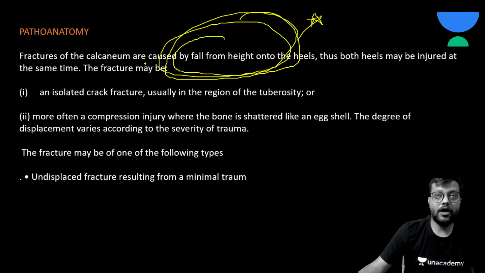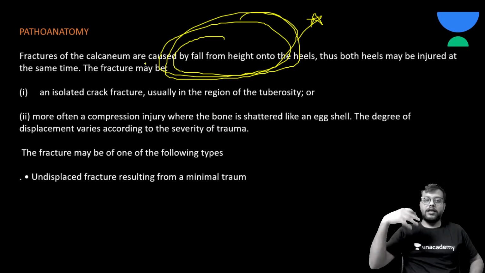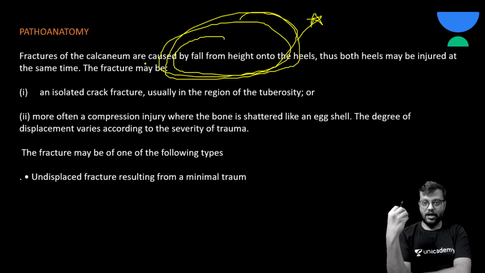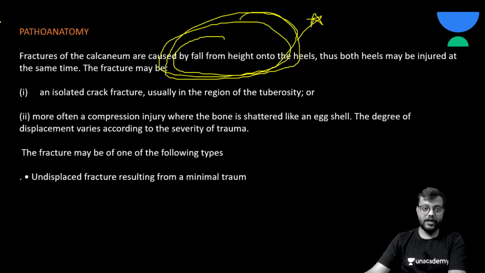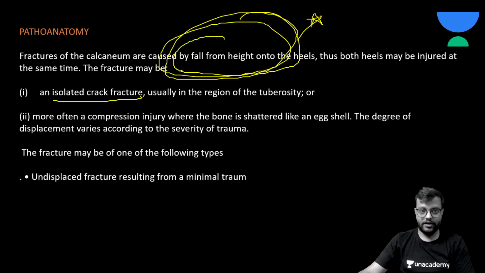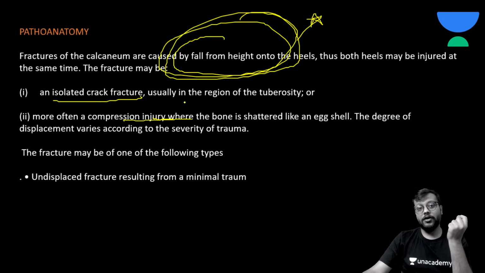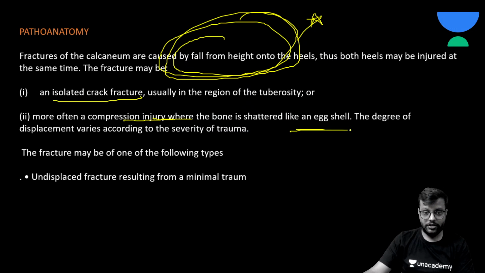And if he has fallen from a height, bilateral calcaneum fractures are very common. Okay, so there can be an isolated crack fracture, or if there is compression injury, it will break into pieces, and that will be called a comminuted fracture, like an eggshell.